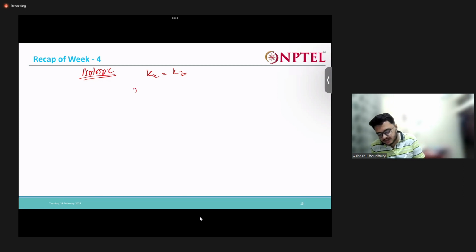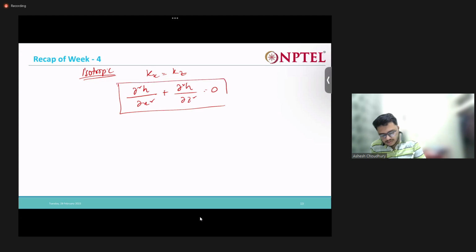So in that case we can simplify the equation, and this is my Laplace equation for the isotropic case, right?